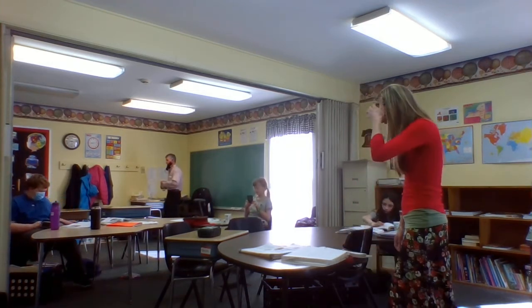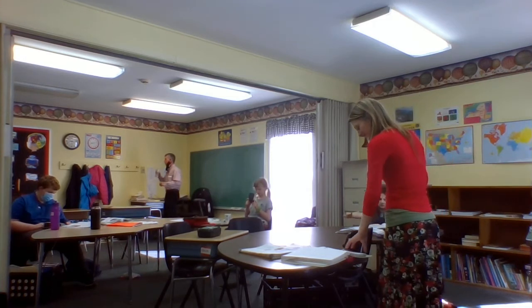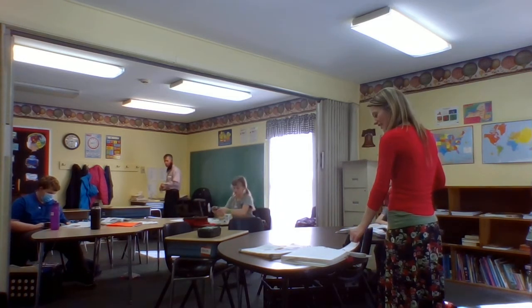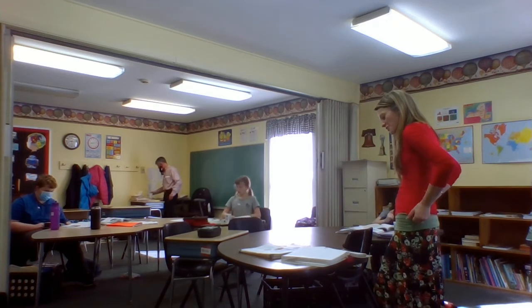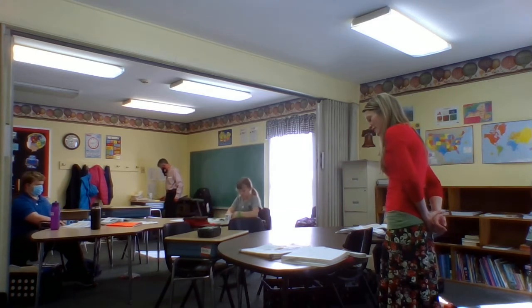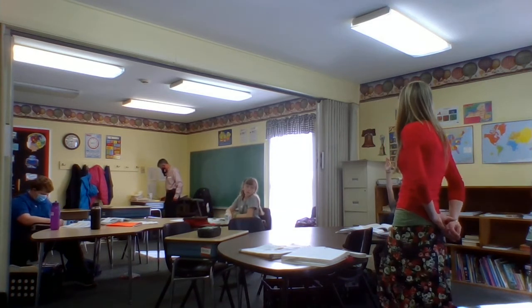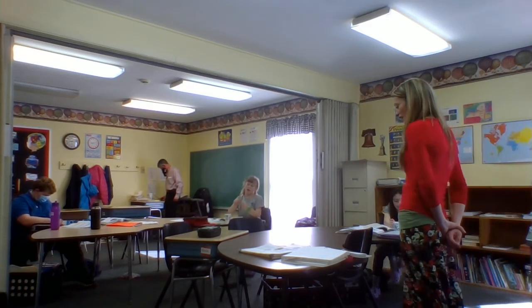All right, so let's go on to page 140. We have a couple more questions to answer. Number 14 says stored energy that an object has because of its position is called, Isabel? Potential energy.